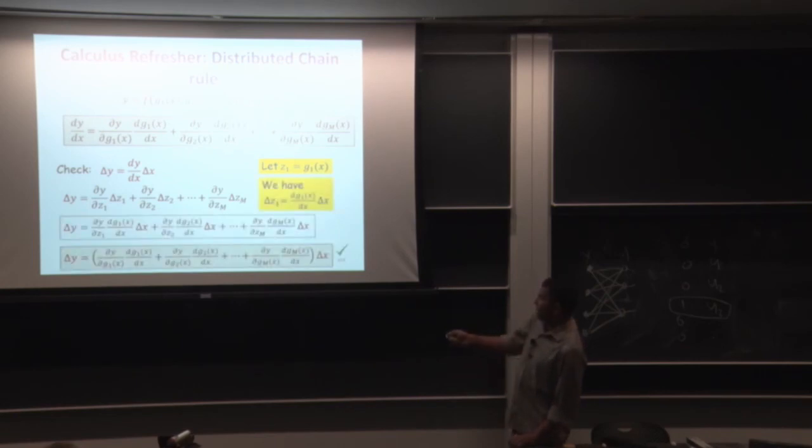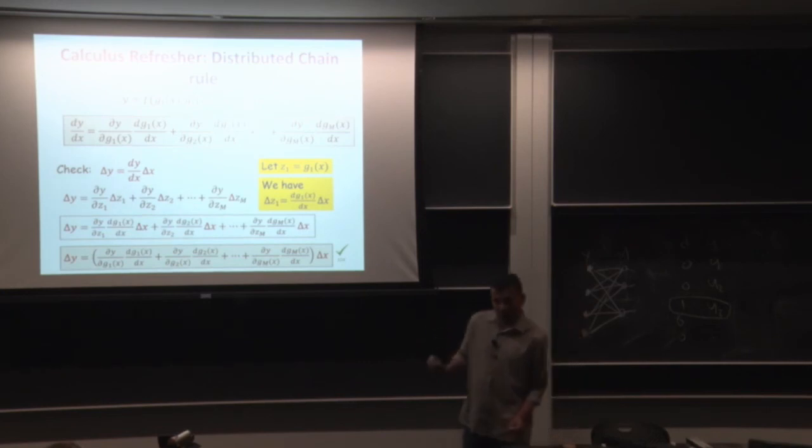And we also have delta zi, based on this definition, is dgi over dx times delta x. So plugging this relation into these, you're going to see delta y is dy over dz1 times dg1 over dx times delta x plus dy over dz2 times dg2 over dx times delta x. I can group things up, and the term within the parenthesis is exactly what you've got over here. So this relationship holds.